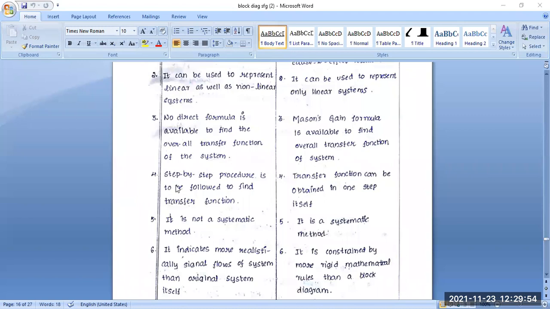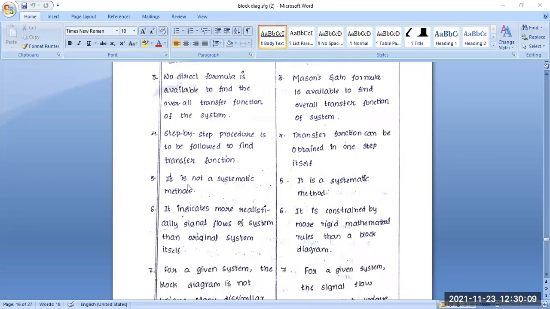Next, step four: a step by step procedure has to be followed to find transfer functions, and it is also a step by step process that we have to calculate. These are both the same, and it is not an unsystematic method, but basically a systematic method.